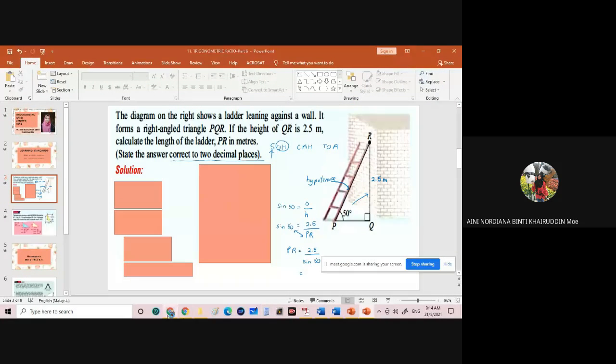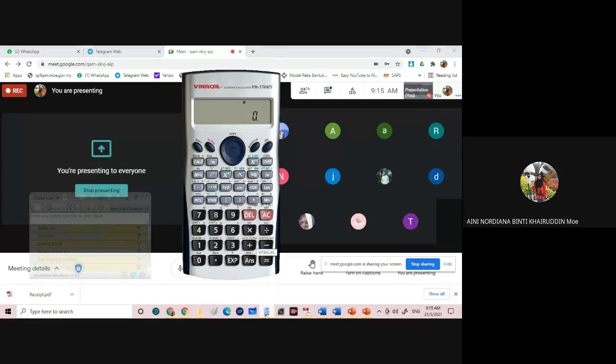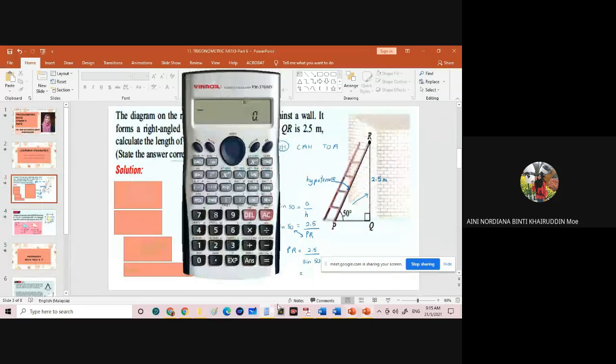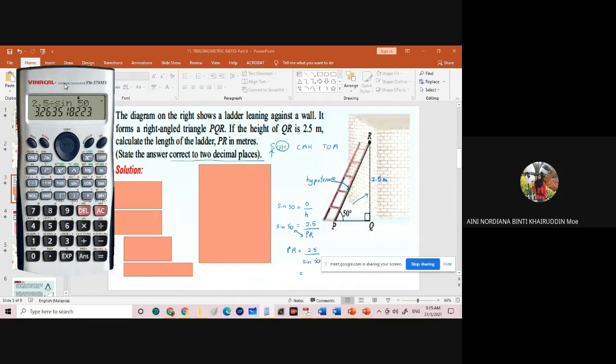Okay, this is your calculator. So 2.5 divided by sine 50 and press equal. 3.26.